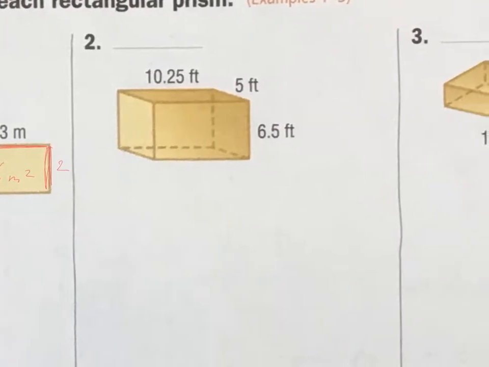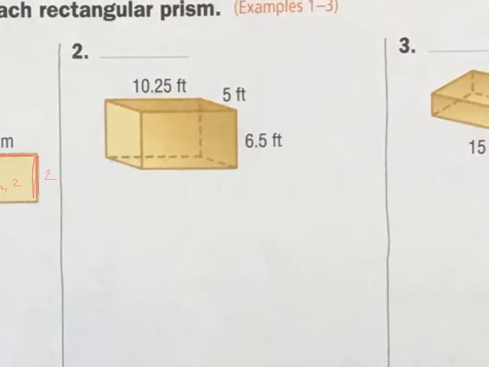Let's go over here. Now, this one we don't have broken apart, but we know the formula. And the formula is surface area equals 2 times length times width plus 2 times length times height plus 2 times height times width.